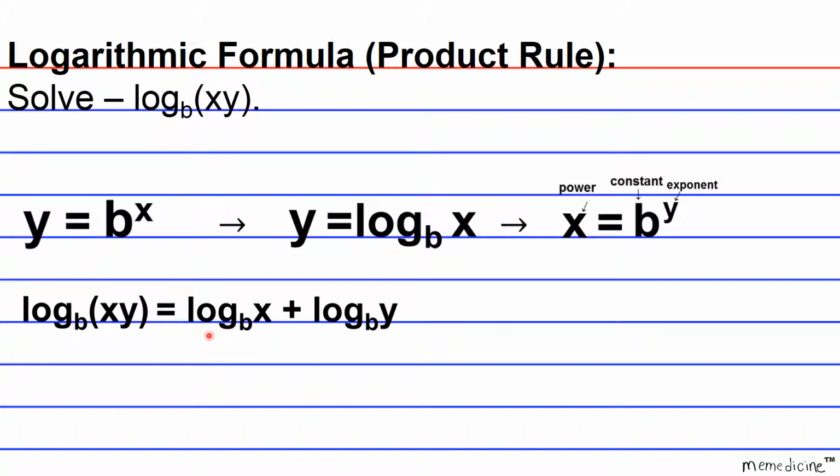So we can justify our result on the right-hand side of this formula, okay? So we're going to sort this out by splitting up the product into its two factors.